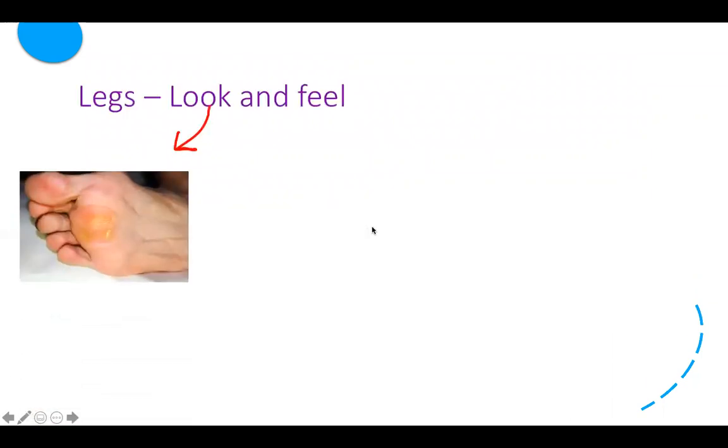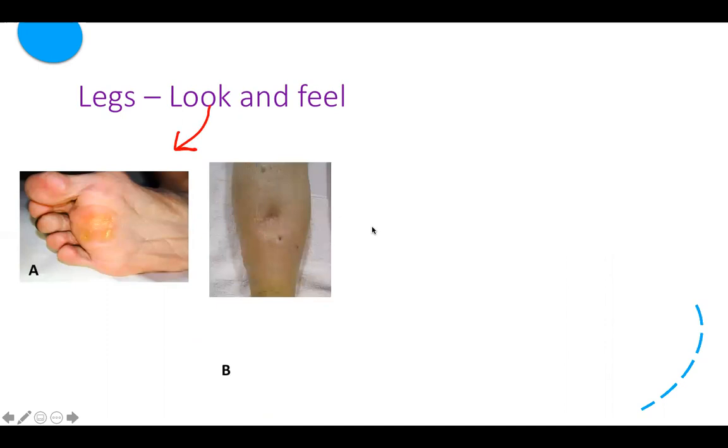So let's start with look again. What do you think A is? Yeah, it's a callus. That wasn't very tricky. What about B? Oh, sorry, I put down the answer.